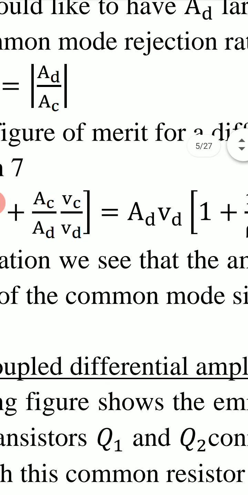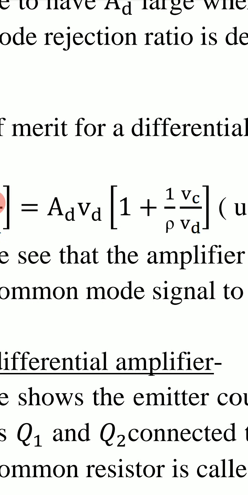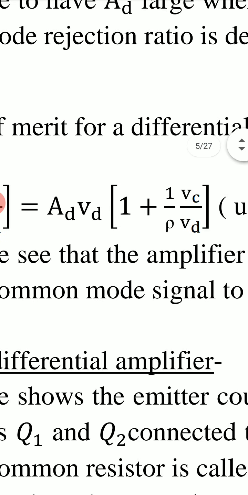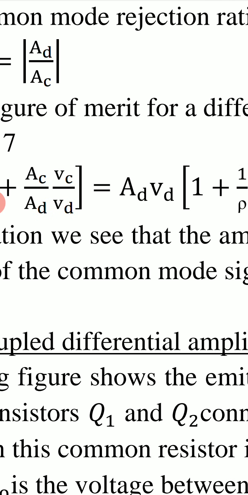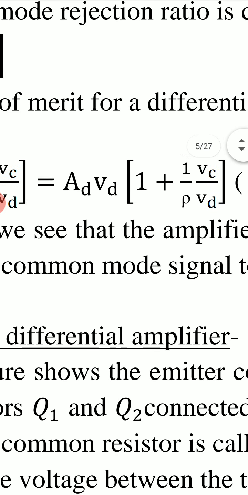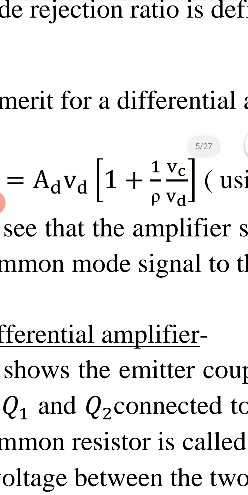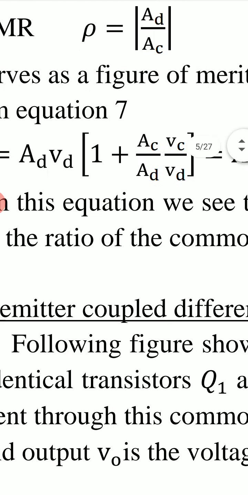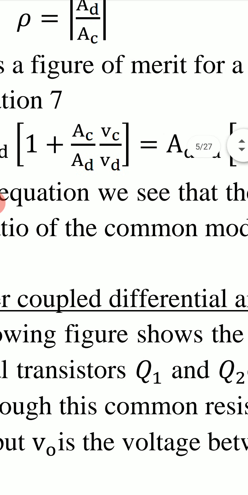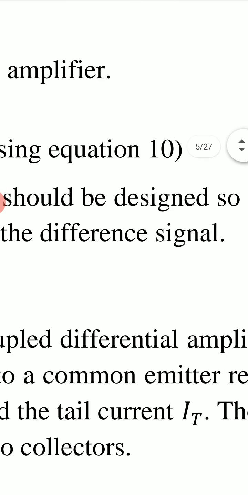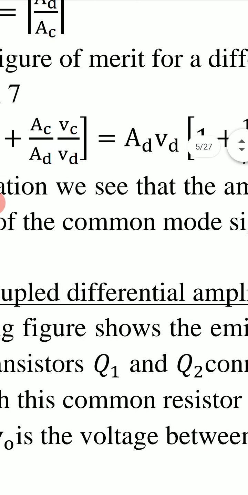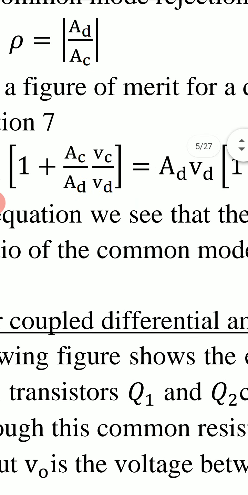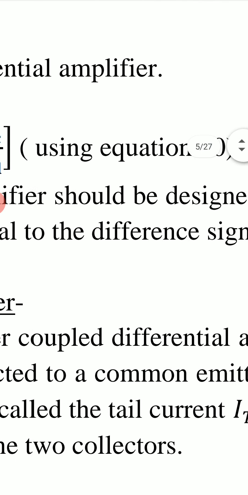This becomes equal to AD VD into 1 plus 1 upon rho into VC upon VD. Here the ratio AD upon AC is written as rho in the denominator of second term. From this equation, we see that the amplifier should be designed so that rho is large compared to the ratio of common mode signal to the difference signal.